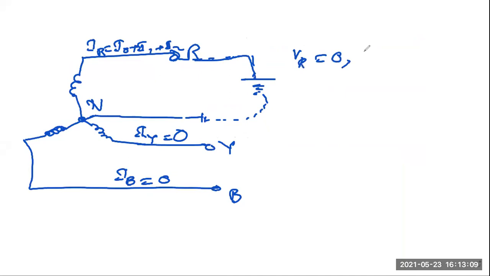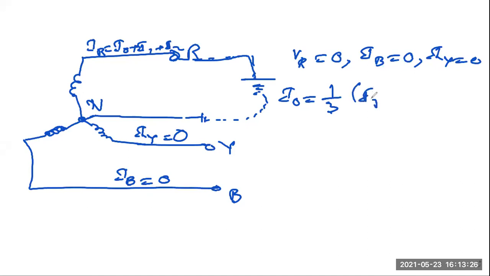IB is equal to 0, that is open circuited, and IY is equal to 0. So from here we can write that I0 equals 1/3 of IR plus IY plus IB. IB and IY are equal to 0, so this is equal to 1/3 IR. Yes or no?